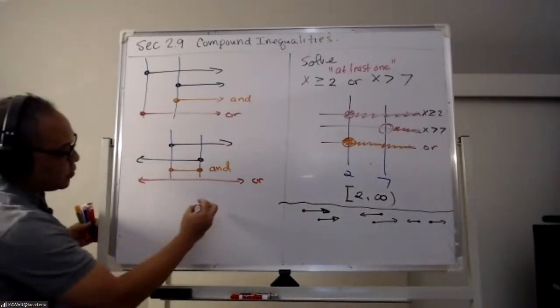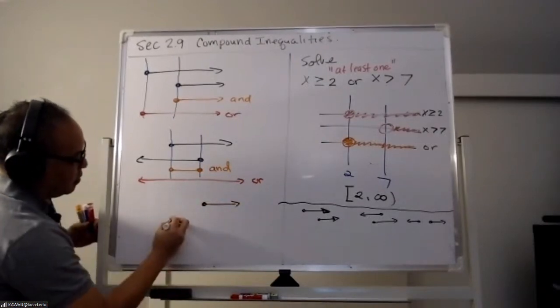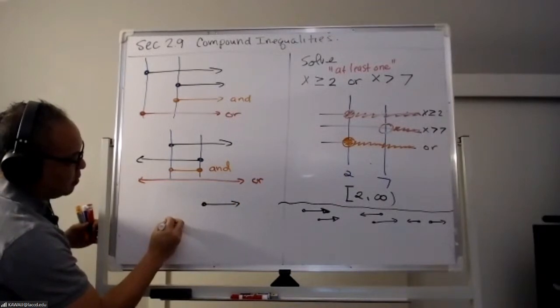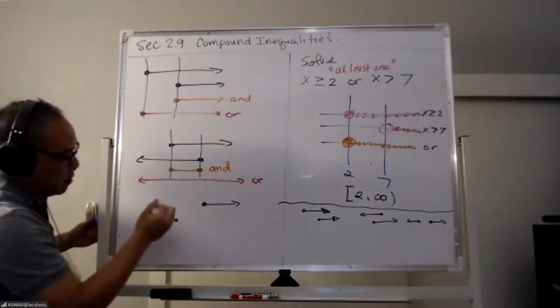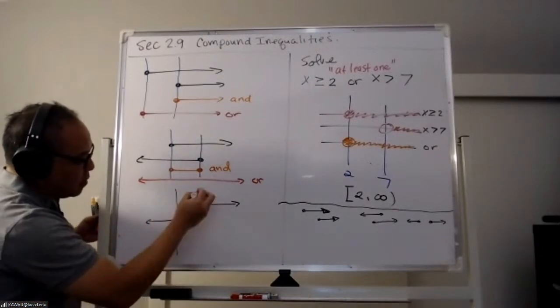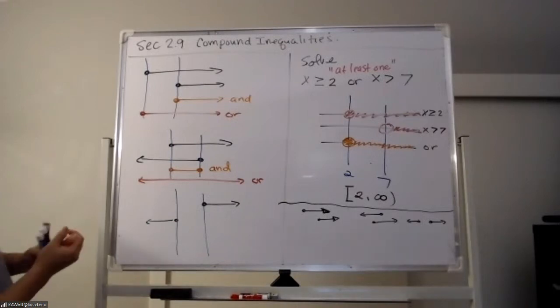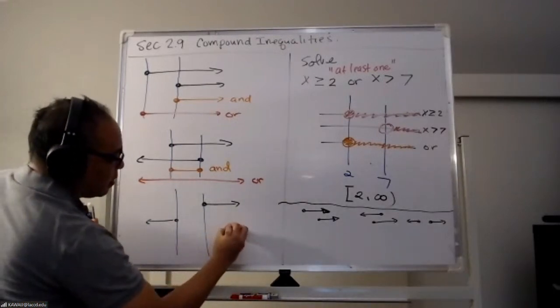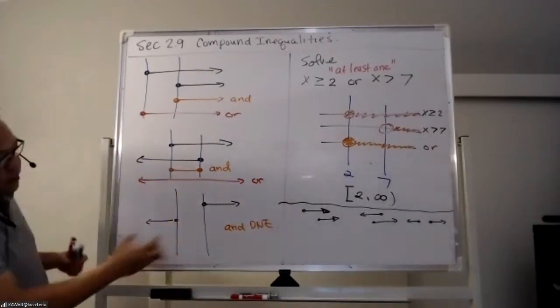And then for the last one, the and is equal to does not exist because there's no overlap.